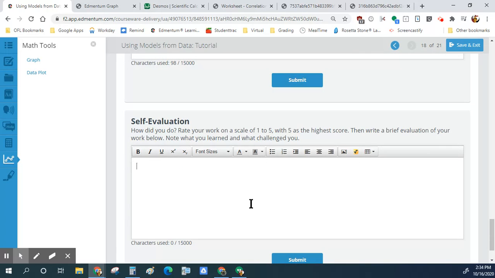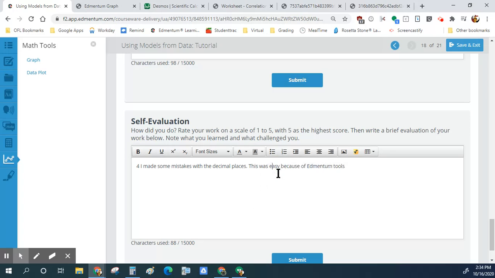Rate how you did on here. I would give myself a 4. I made some mistakes with decimal places. This was easy because of Edmentum.